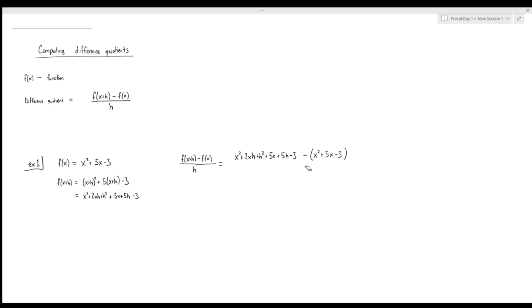Notice that I'm being a little bit careful. So if I want to minus f of x, I want to minus this whole expression. So I put parentheses around it just to emphasize that I'm going to minus the whole thing, okay? And then this is all over h.